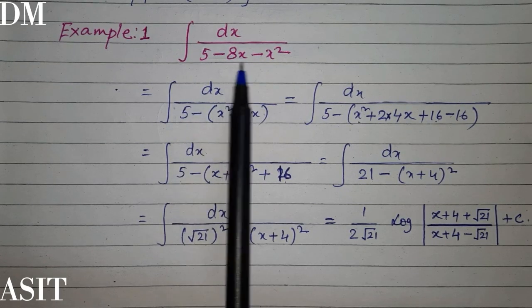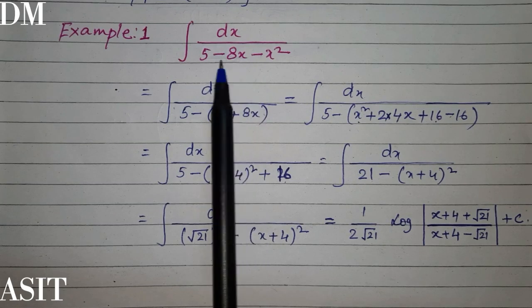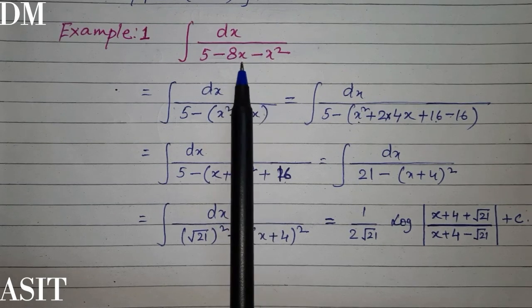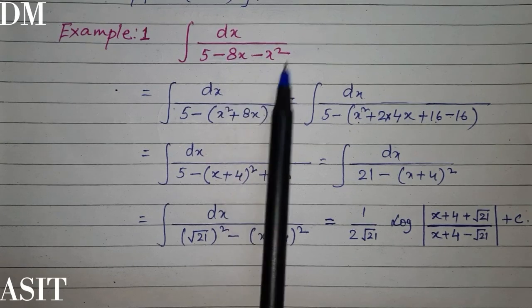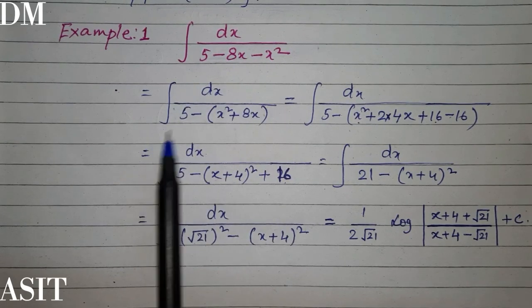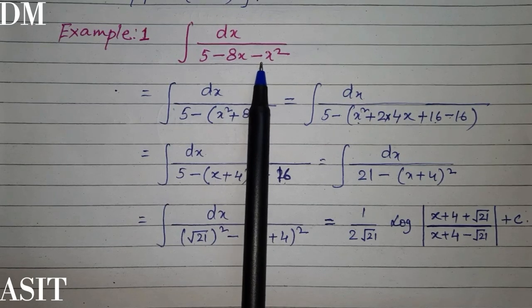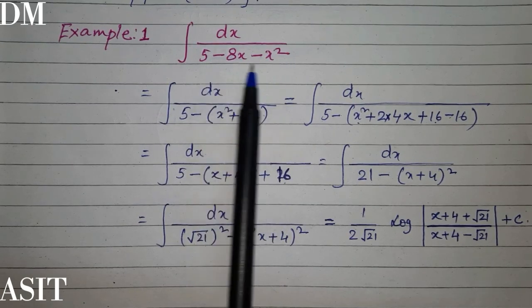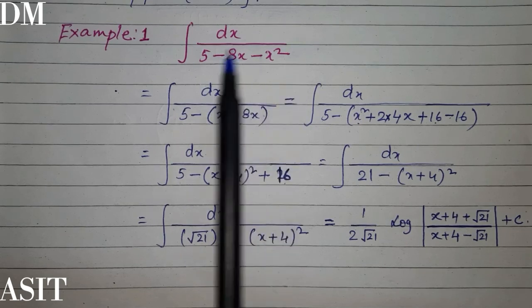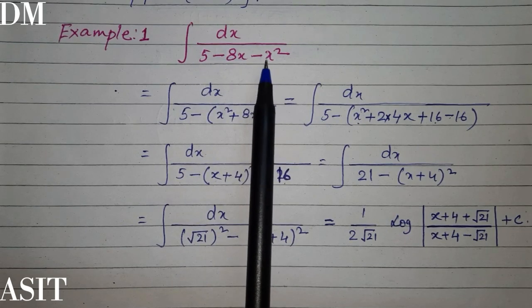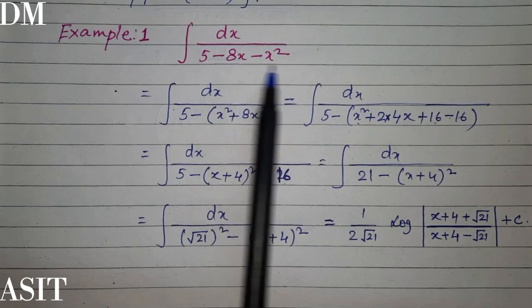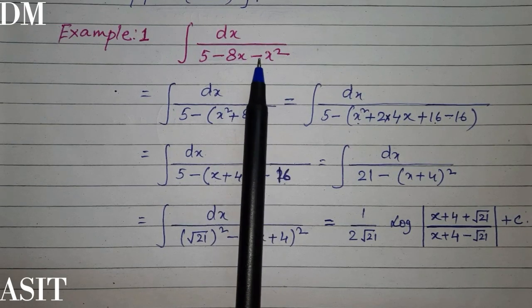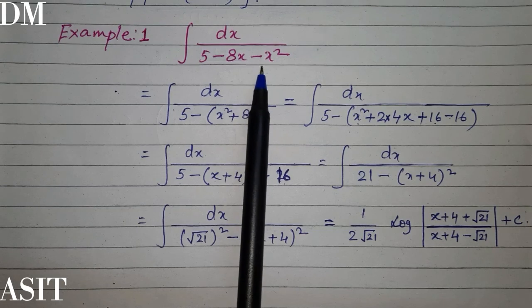If it is minus 1, then what should I do? I will just take a minus common from these two terms, the term of x and the term of x square. Let me repeat again. If the coefficient of x square is 1 or minus 1, then nothing to do, I will just check whether it is minus 1 or not.